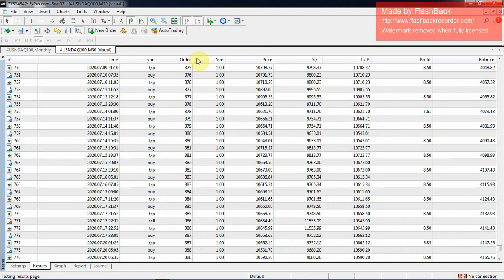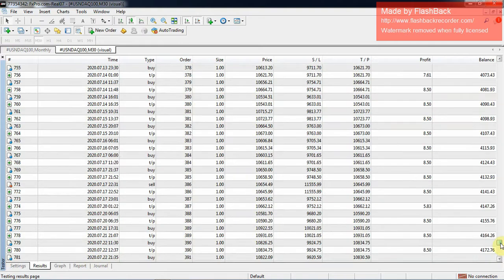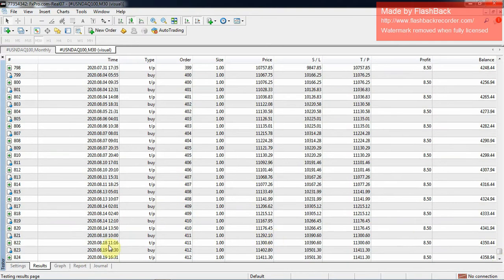Okay, so 388 trades taken so far, from 2019 to July 2020, and we are still counting. The strategy tester is still running.